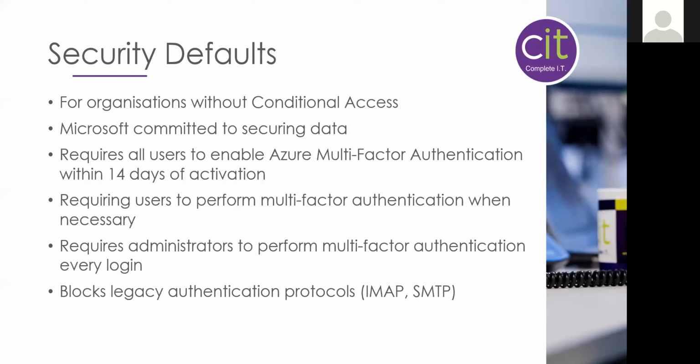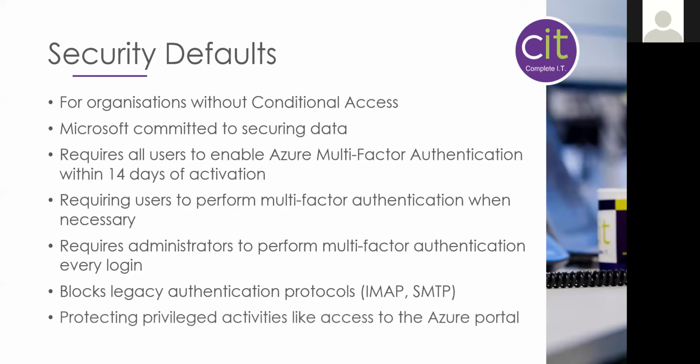To give you an idea, 90% of Complete OT's failed logins from overseas were on SMTP. Now, we shouldn't have anyone authenticating on SMTP. So that's why Microsoft took the decision to use that as a method to just block outright. It also protects some privileged activities like accessing the Azure portal. It will force people to use 2FA.